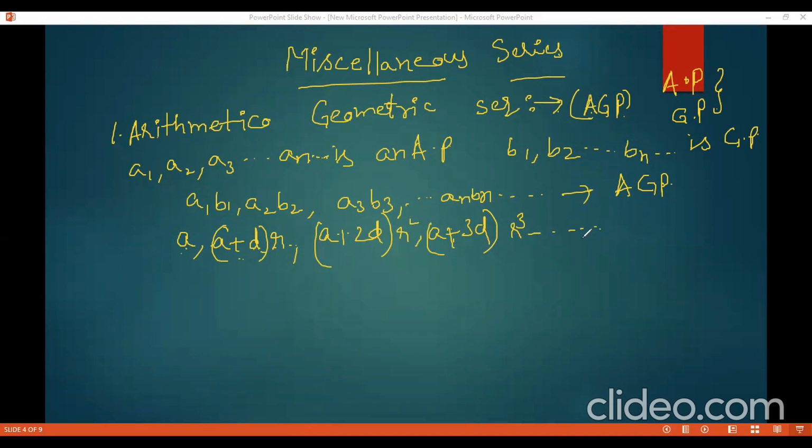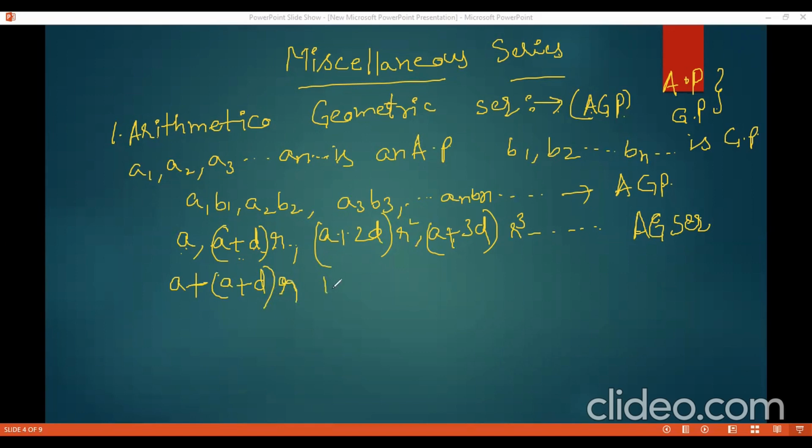Now, if you want to write the series, what you have to do is just put a plus sign, adding all the terms. That is the difference between a sequence and a series.